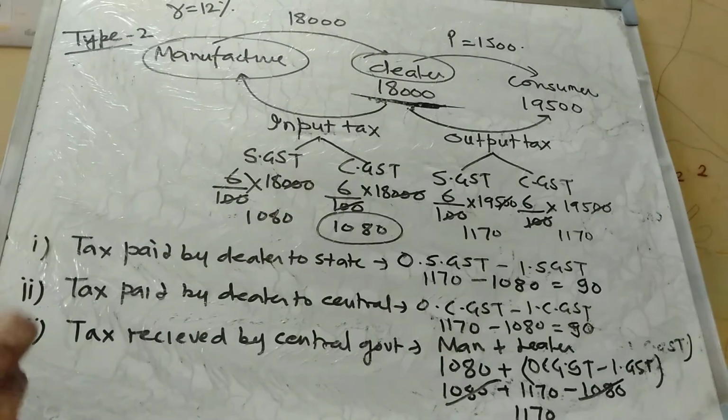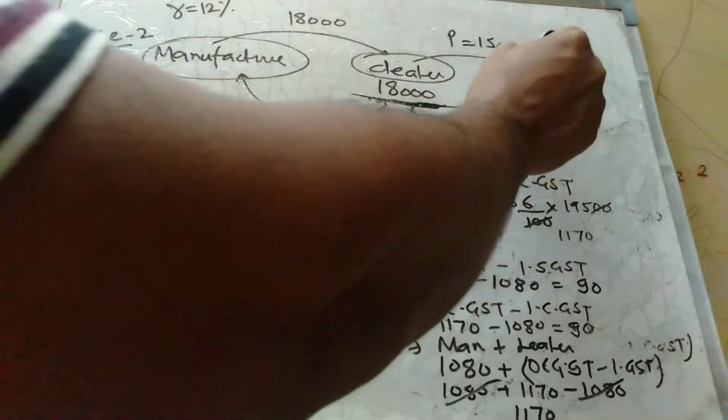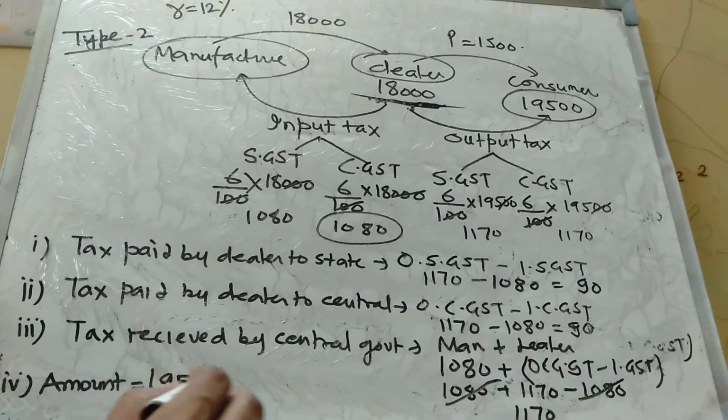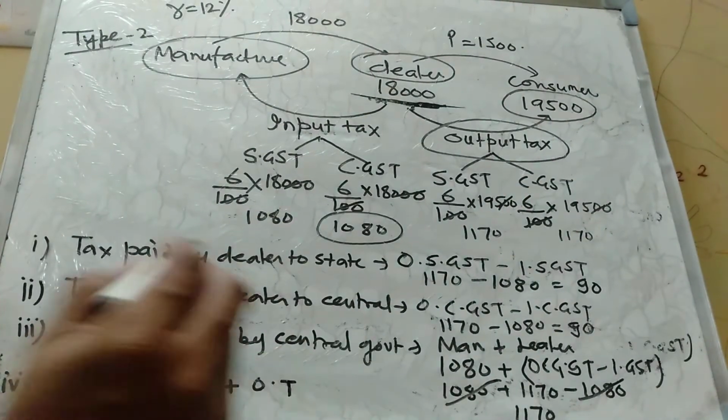Right? Now in the fourth part, the amount paid by the consumer. The consumer will pay 19500 exclusive of tax, plus he will pay the tax also, that is the output tax.